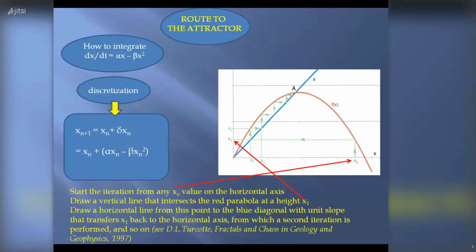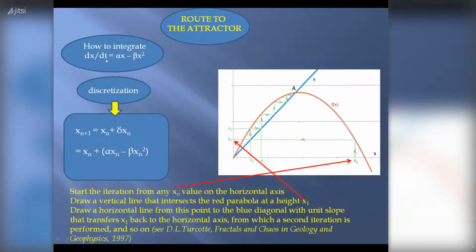We start from this well-known equation here, dx over dt equals alpha x minus beta x squared. And we try to integrate this equation to figure out how the system reaches A. The best way to do that is to discretize the equation. And therefore, if you take, for instance, unit time steps, dt, then you start with a starting value of x, say xn, and the x value at the following step, xn plus 1, is given by xn plus an increment, an additional term here, delta xn.